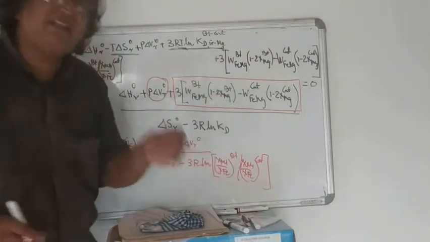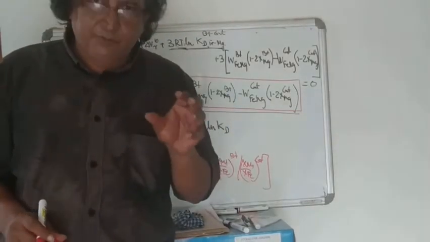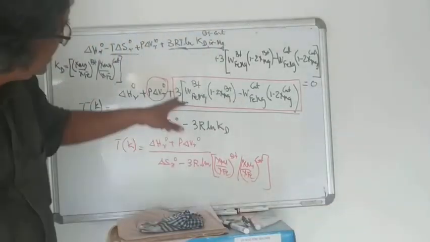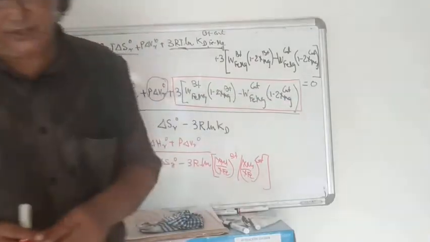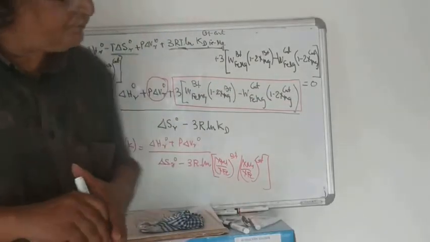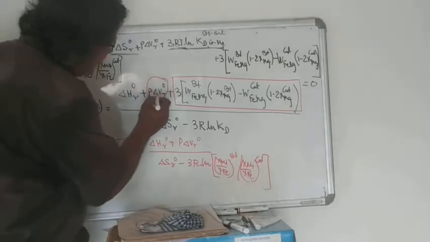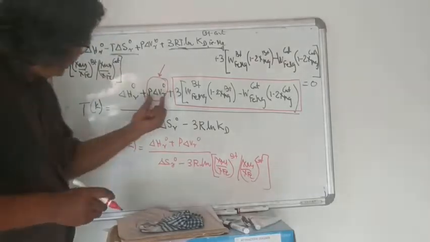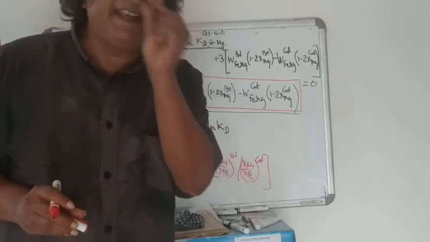But if there is a non-ideality effect, and the non-ideality can be expressed in terms of a simple regular solution, then this would be the additional term in this expression. Now you see, another thing is P delta VR0. As I have told you, the delta V value is normally very, very small.